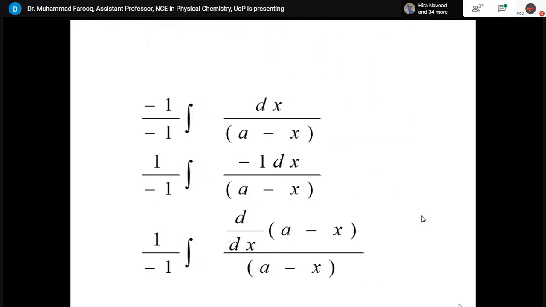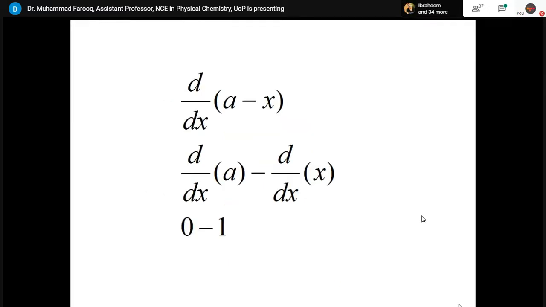We also did how to solve it: multiply by minus 1, divided by minus 1, and we can write it this way also. If you remember the previous classes.